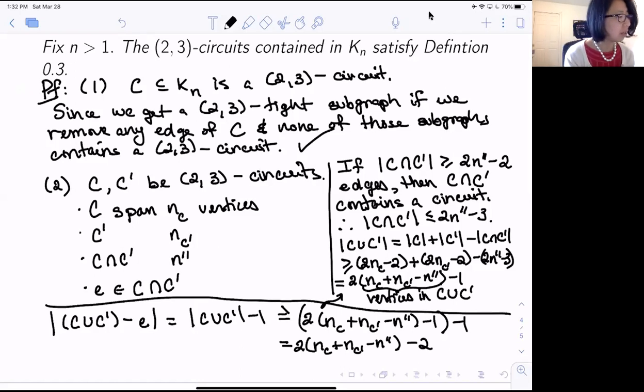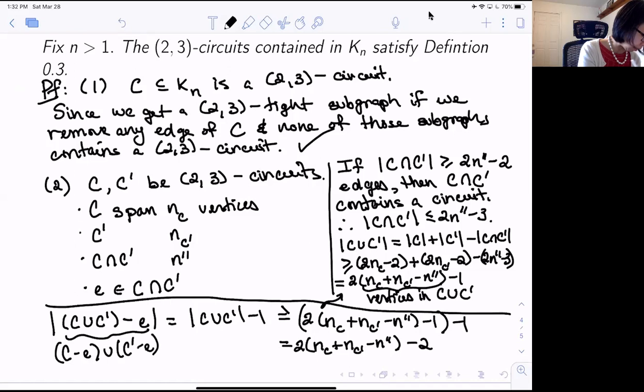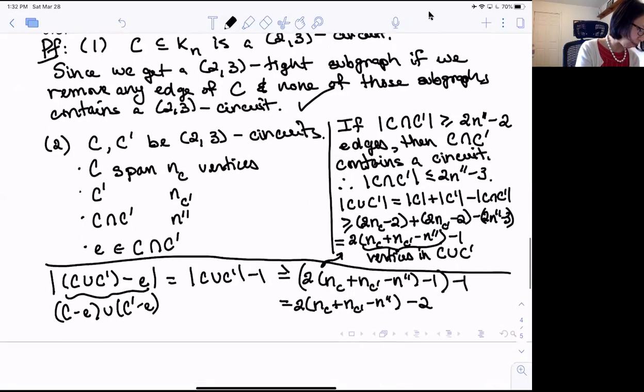Okay, so another way of writing this is it's the same as C minus e union C prime minus e. Since C and C prime are both circuits, these are both 2-3 tight.